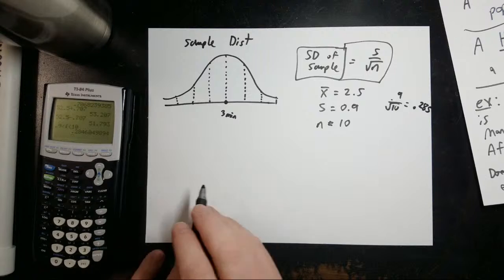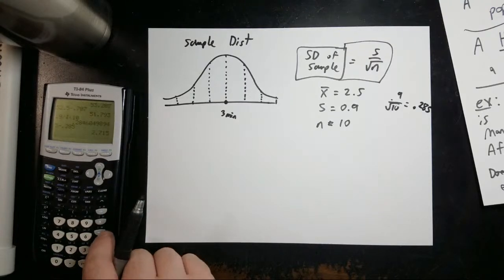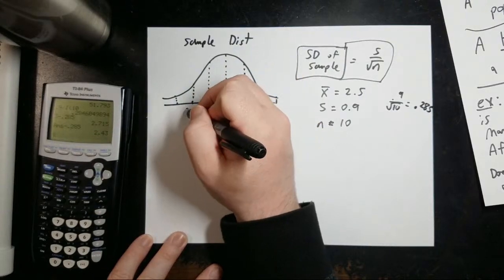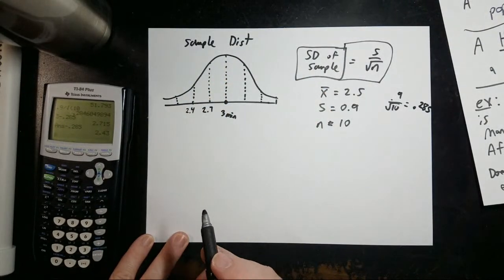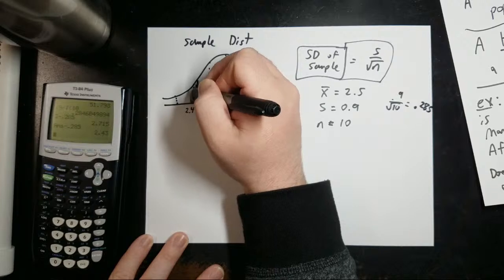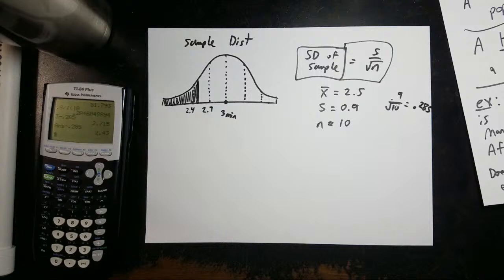Meaning that on this normal curve, if I were to do 3 minus 0.285 minus 0.285, the school's sample mean is right here. So what this basically means is, yes, the school was a certain number of standard deviations below the mean, or below the claim, I should say.